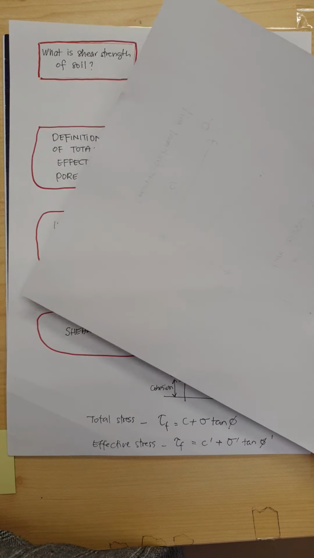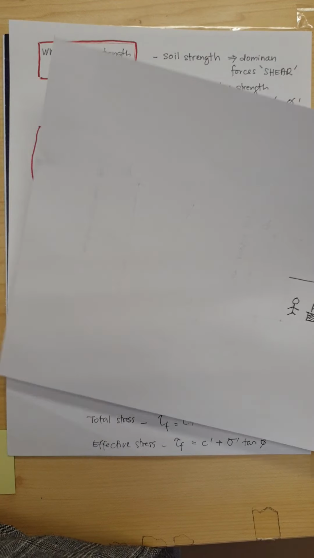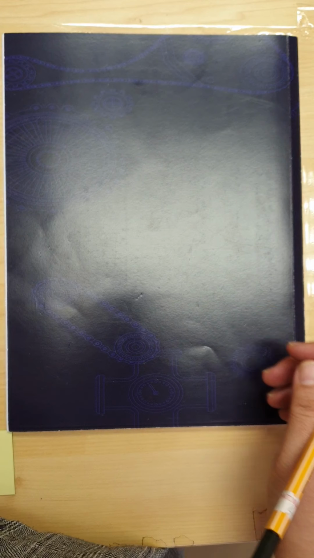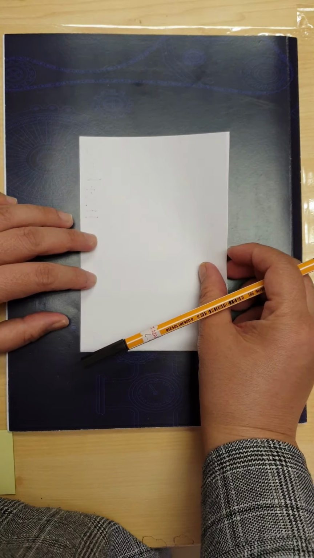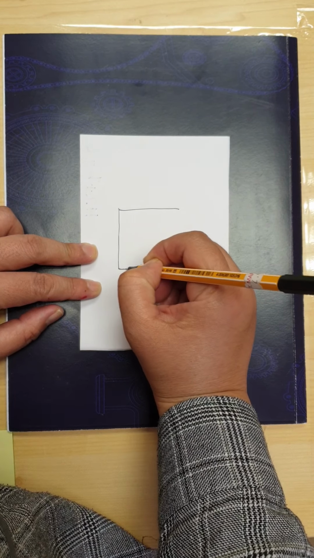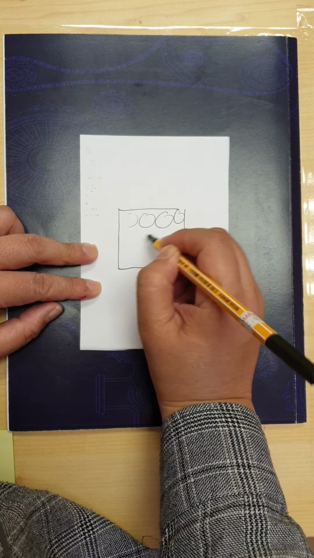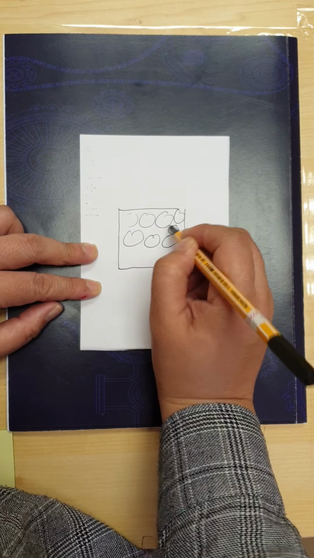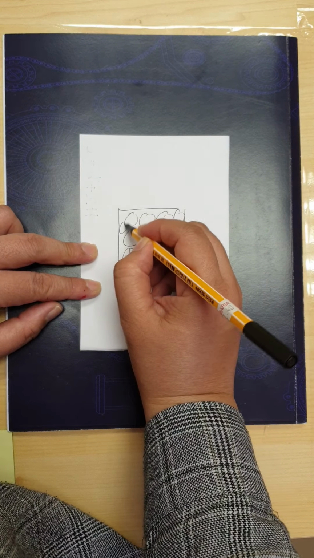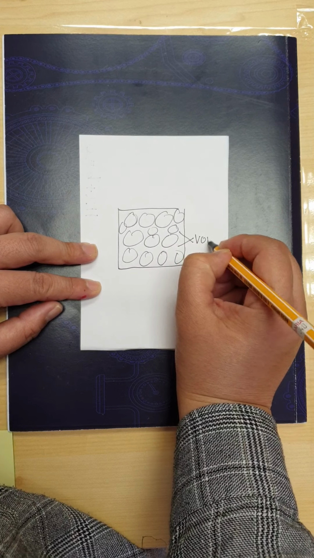Alright, consider your soil. We already explained soil at the beginning of your semester. You know that under the 3-phase diagram, this will be your soil, and inside your soil you have solid particles or soil particles, and the part not occupied by soil, we call that void.